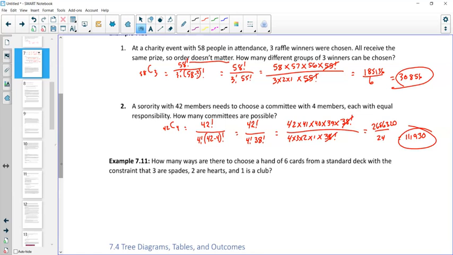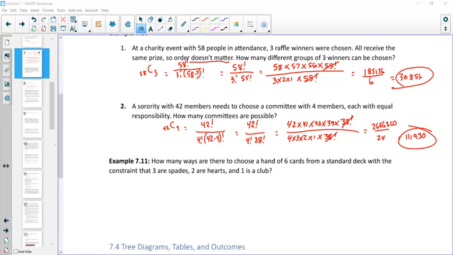Okay, how many ways are there to choose a hand of 6 cards from a deck with the constraint that 3 are spades, 2 are hearts, and 1 is clubs? Okay, so first thing we're going to look at is there are 13 cards in each suit.